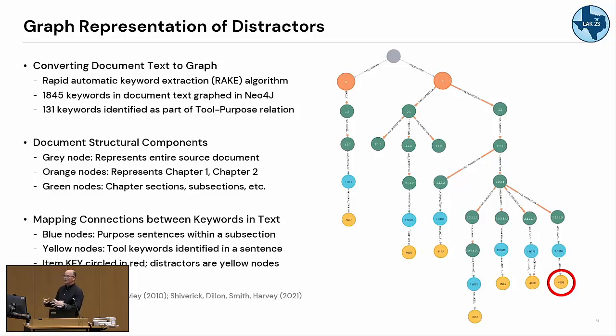So what we're trying to do is to measure the distance from the key, which is highlighted in red here, to other concepts in the source text that would be ideally selected, and that we could use to estimate the difficulty of those items.